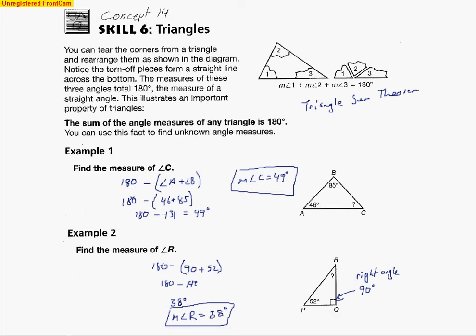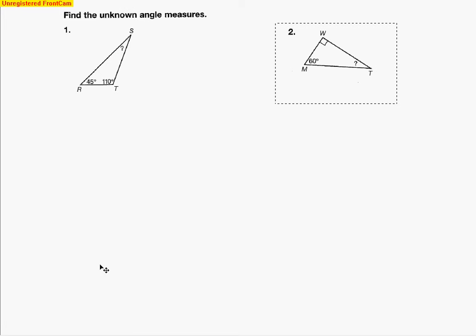Taking a look at a couple other examples here. So here we have angle S, so we can take these two angles. And so I'll take angle R, and I'm going to take angle T, and I'm going to sum them together, and then I'm going to subtract that from 180 degrees. So 180 minus the sum of 45 and 110. Where did I get those numbers?